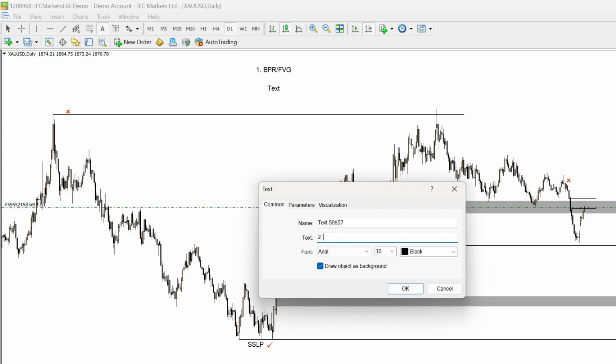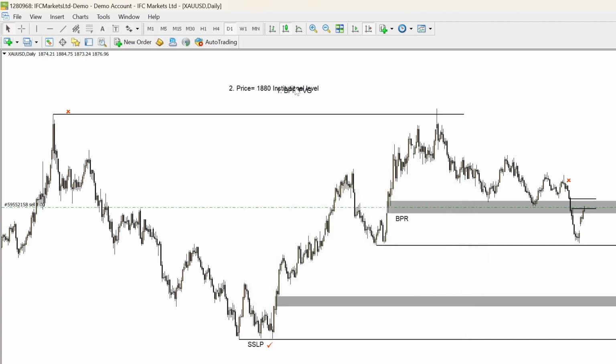Two is price, so we went short at 1880, institutional level.